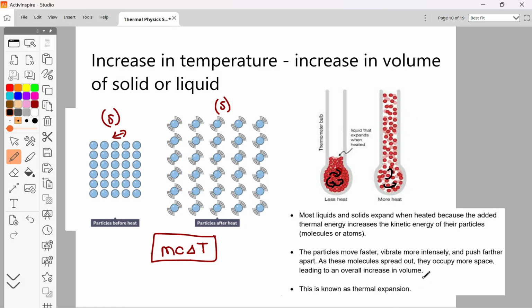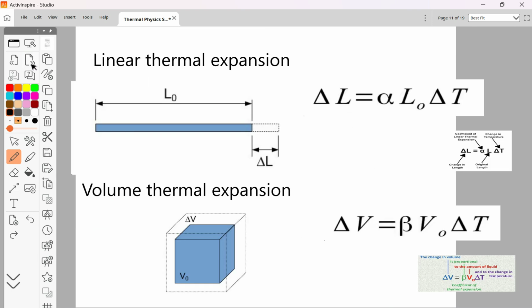That is the thermal expansion for solids and liquids that is used in many, many applications in real life. These are the two that you need to know. There is area expansion as well, but we are not going to focus on that. We've got linear expansion. This is the equation that is on your information sheet, so don't go and learn any other equations.